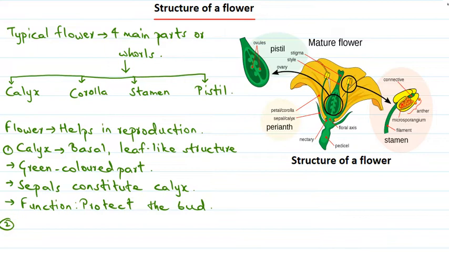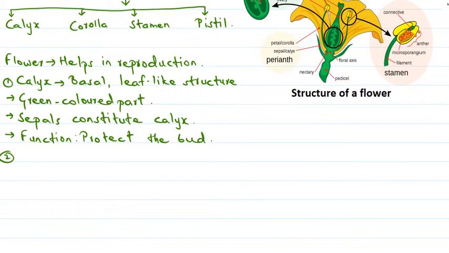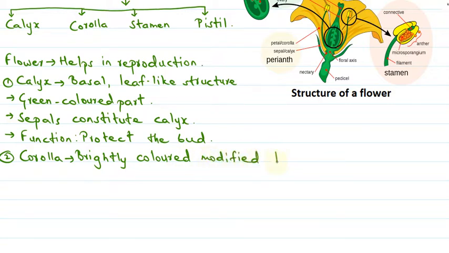Next, let's study the corolla. The corolla is brightly colored, whereas the calyx was mainly green in color. The corolla is made of modified leaves.